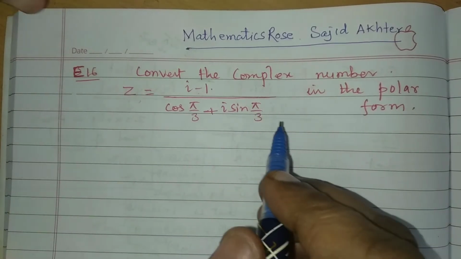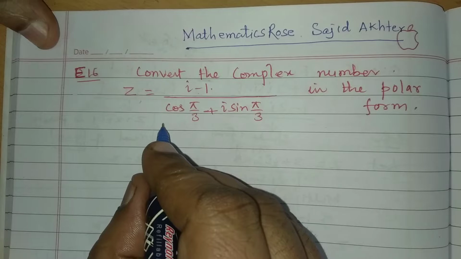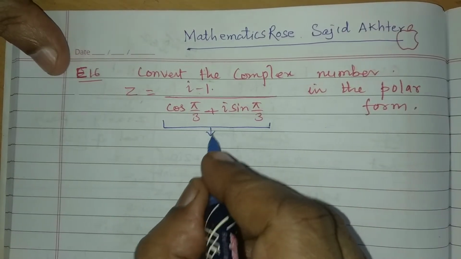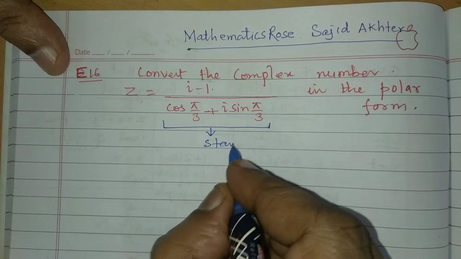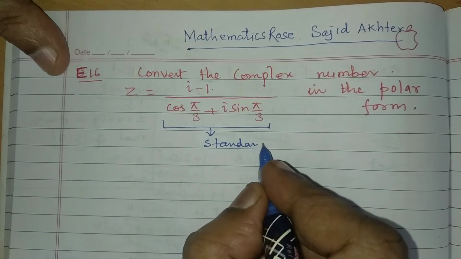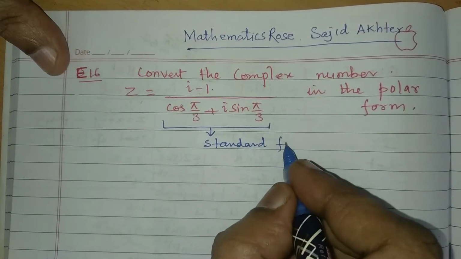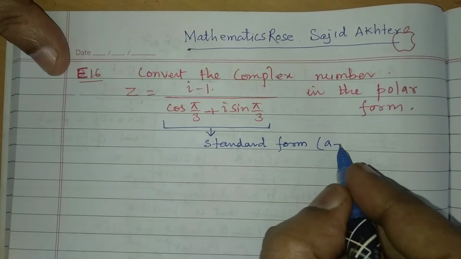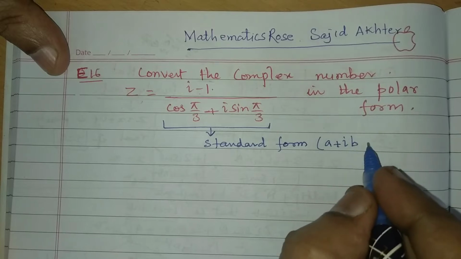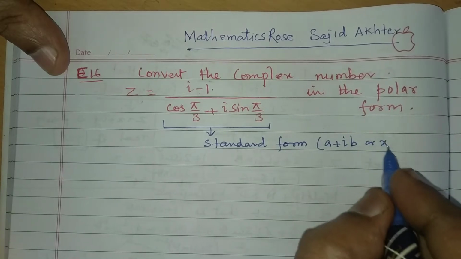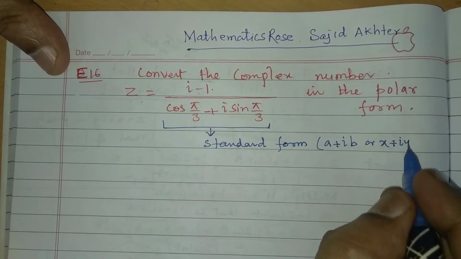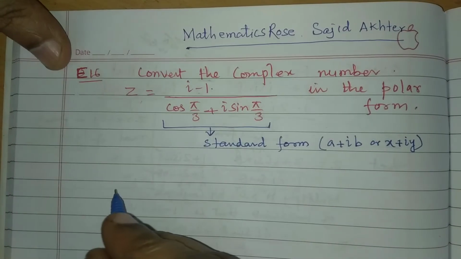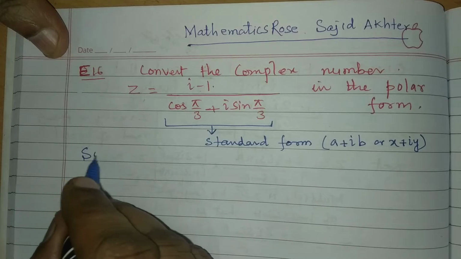This is not written in standard form, so first of all we will write it in standard form, a plus ib, or x plus iy, as you prefer, because we have to find the polar form. So now the solution.